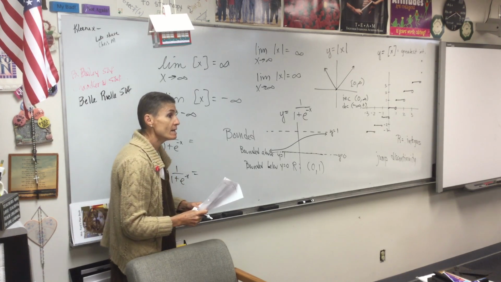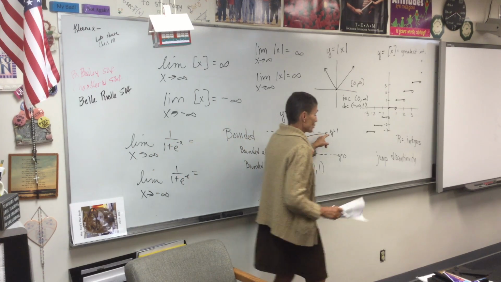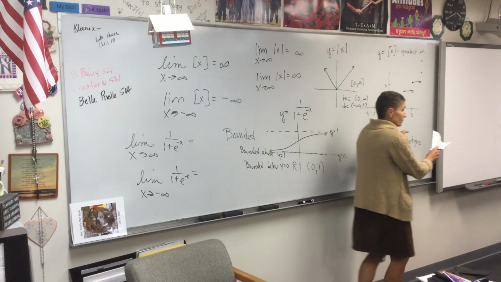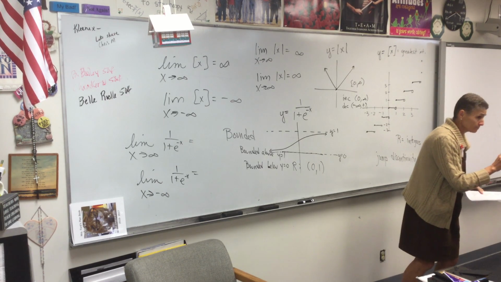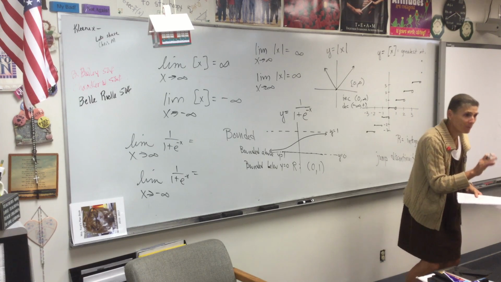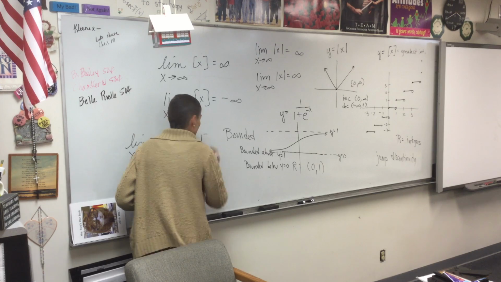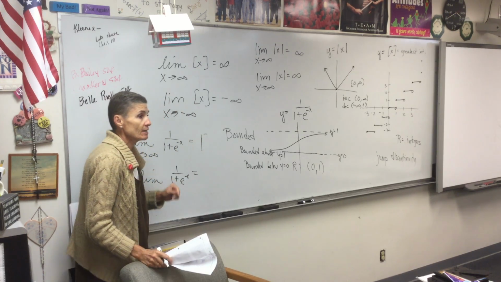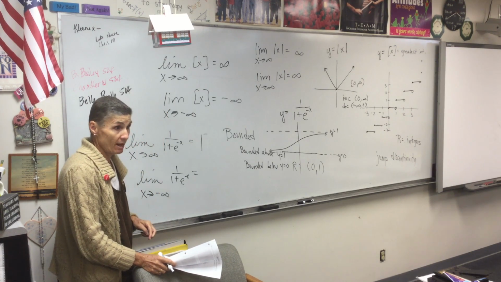Now tell me what's happening as the curve marches this way. It's getting closer to 1 from the bottom. So I will write 1 with a little negative sign here. That tells me I am approaching 1 from the bottom side.